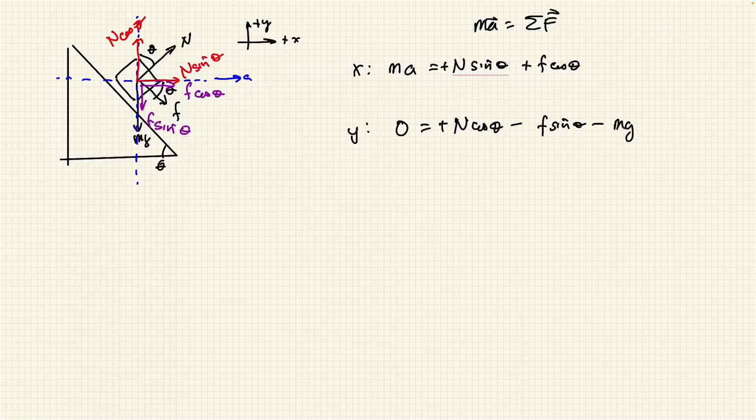It's driving around in a horizontal circle. And so that means that my acceleration is centripetal, pointing towards the center. And way back from chapter 4, we have a relationship between that acceleration and the speed and the radius of the turn.